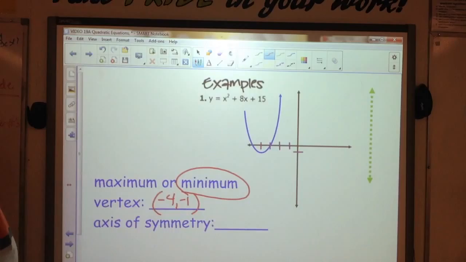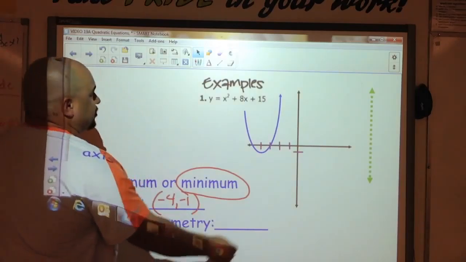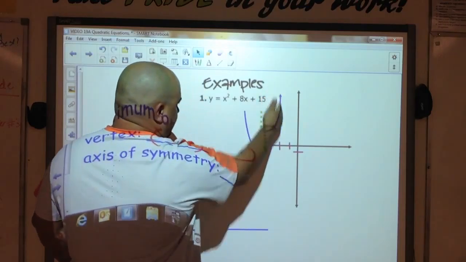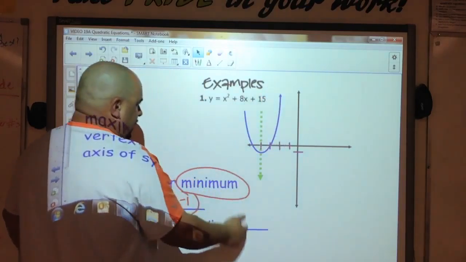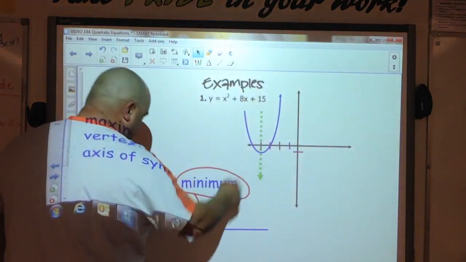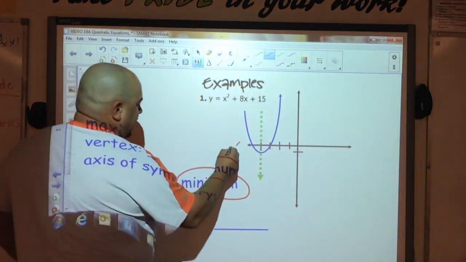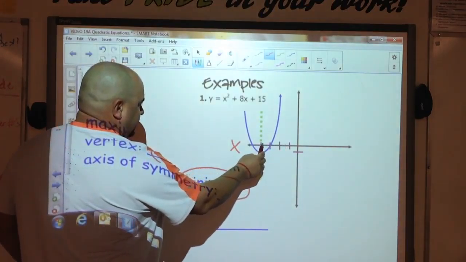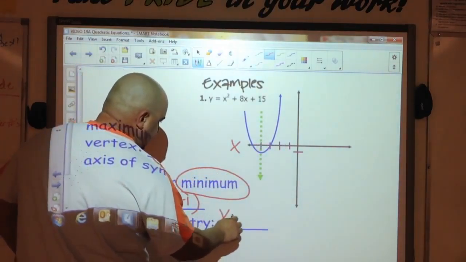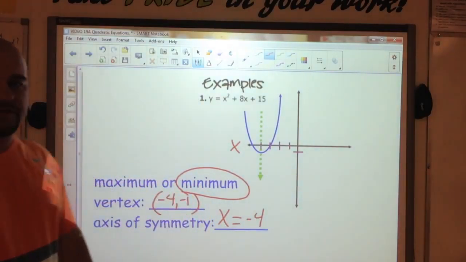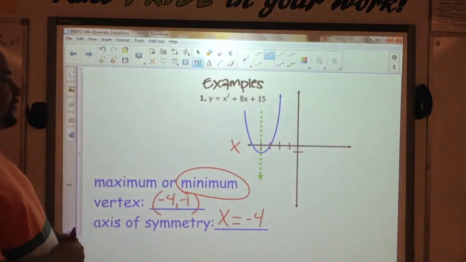And the axis of symmetry, I'll show you, is where it crosses, it splits this parabola in half. And the axis of symmetry is where this line crosses on your x-axis. In this case, it crosses the x-axis at -4, so we say x equals -4. That's your equation of the axis of symmetry.